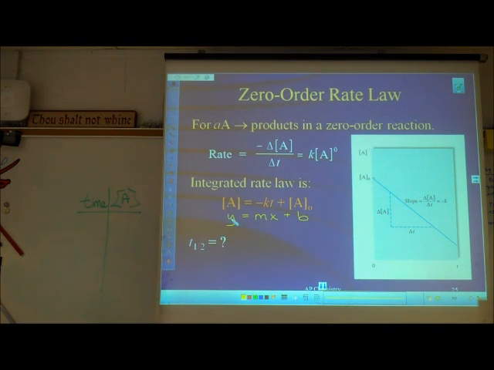What would be on the y-axis? Just regular old molarity, just concentration. If that came out to be straight, then you'd say, yeah, that's zero order data. If you're asked to find the half-life, write this down. That's the half-life equation for zero order data.